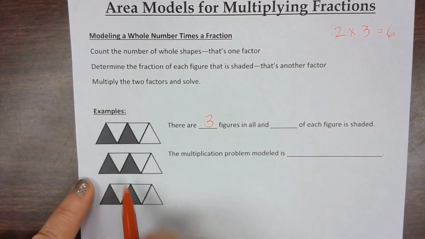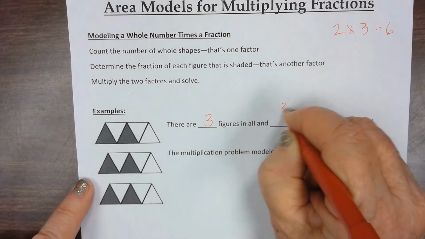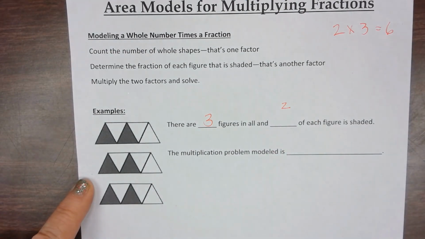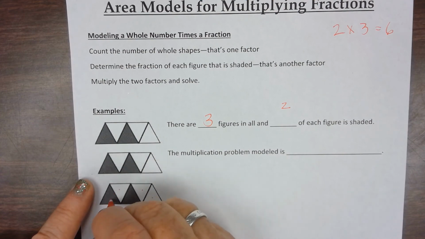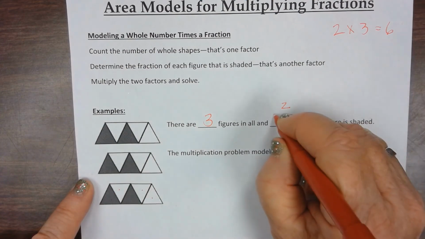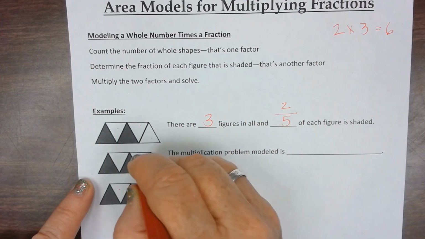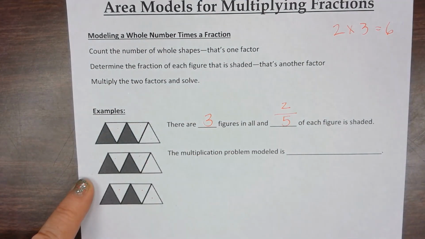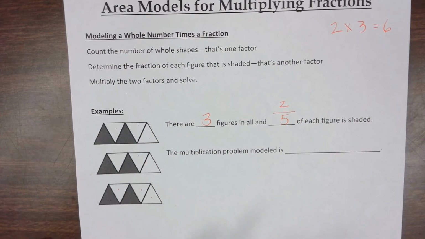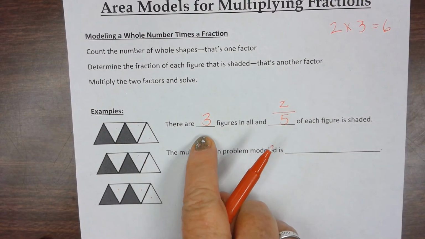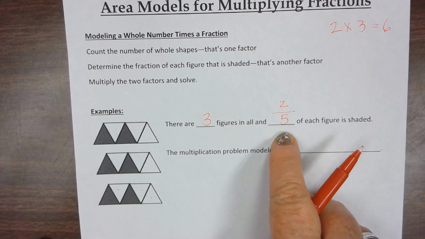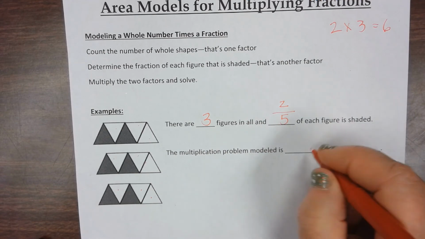But how many pieces is it divided into? 1, 2, 3, 4, 5. 2/5. Divided into 5 pieces, 2 shaded. So I have 3 figures. 2/5 of each figure is shaded. My multiplication problem is 3 times 2/5.